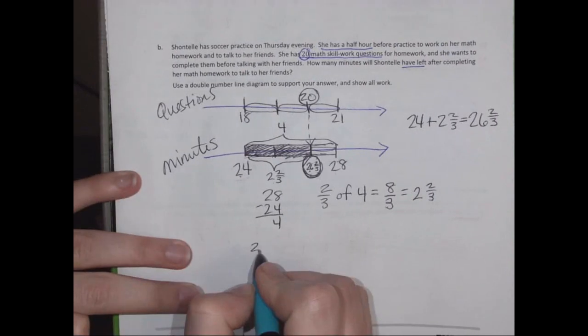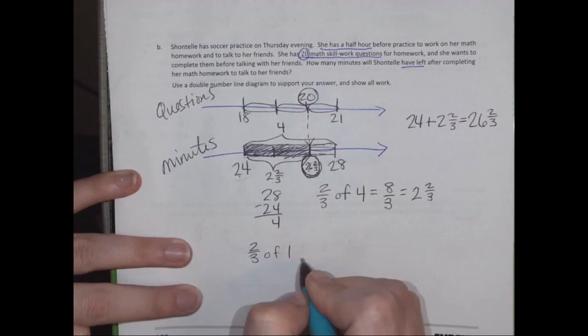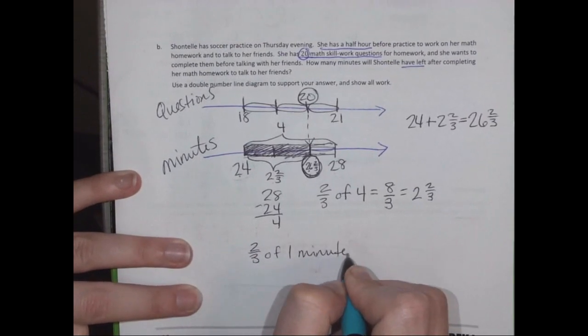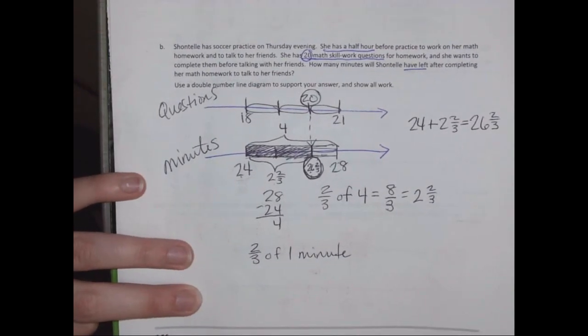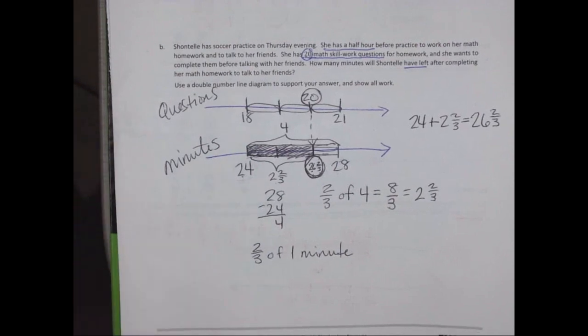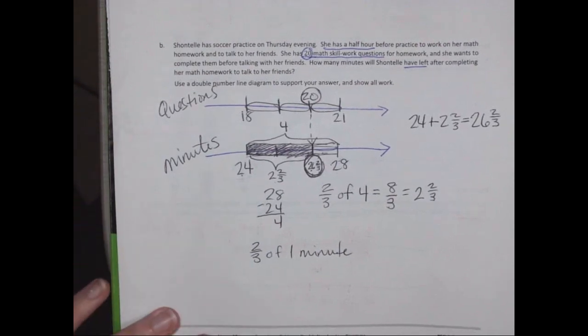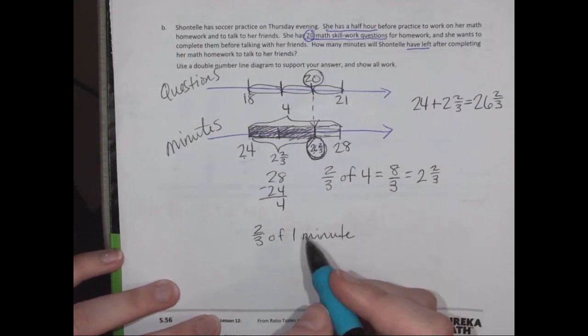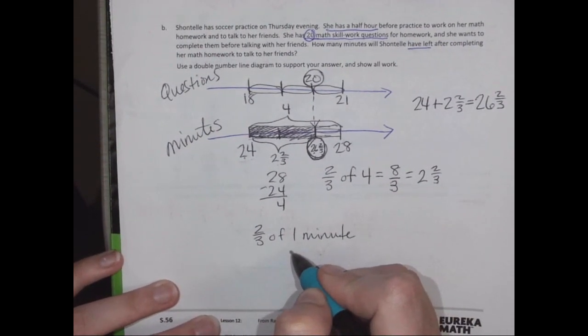So what's 2/3 of 1 minute? How many seconds are in a minute? 40. It would be 40, yes.